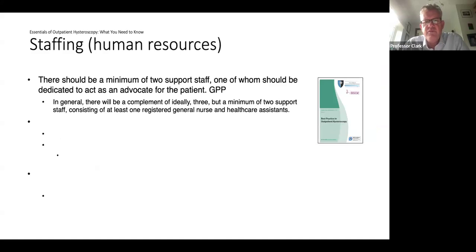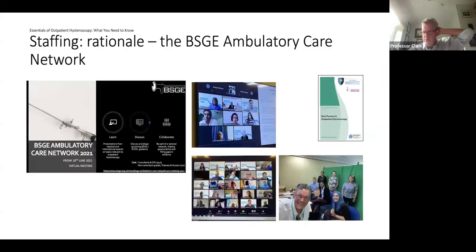The reason we say a minimum of 2 support staff is simply that, as I say, one can act as a patient advocate. And if you do find you need additional equipment, etc., this can be acquired rapidly, and that's more important than with patients under anaesthetic, because patients under anaesthetic don't know what's going on.